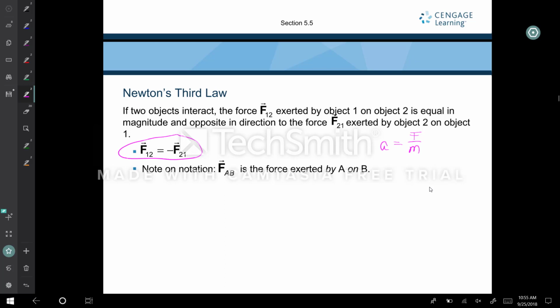Okay. So, if you remember, if not, let's go over it again. F net equals M1A1. Newton's second law. But I attempted to stress to you that this is the net force acting on M1.